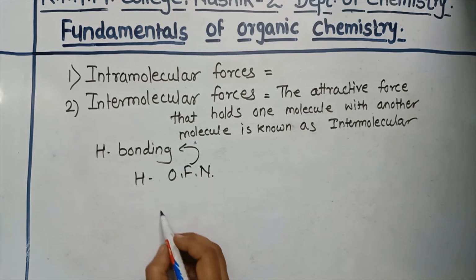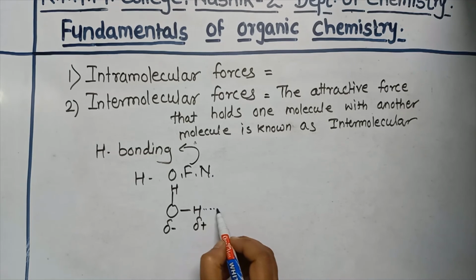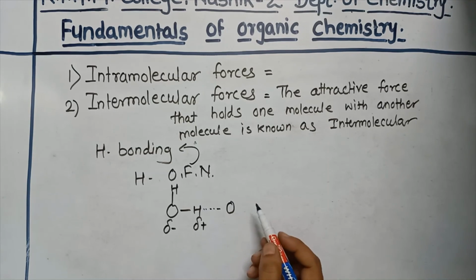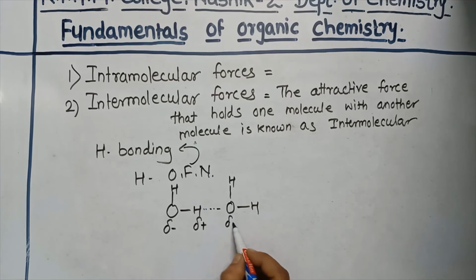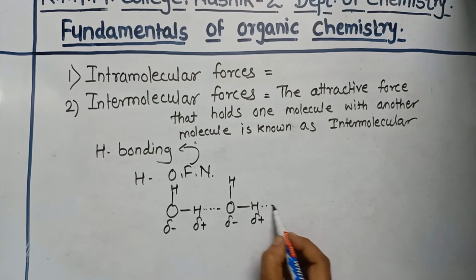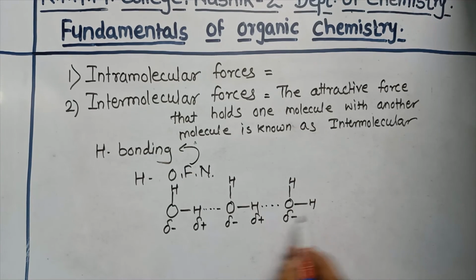In this water molecule, oxygen is present, and this oxygen has a delta negative charge. It has two hydrogens, which have a positive charge. So the positive end of one molecule is attracted by the negative end of another molecule. This is called hydrogen bonding. Okay, it is clear.